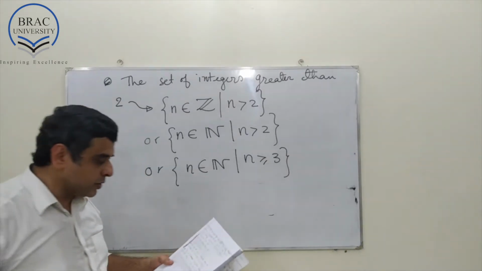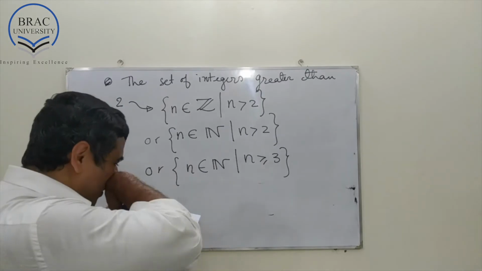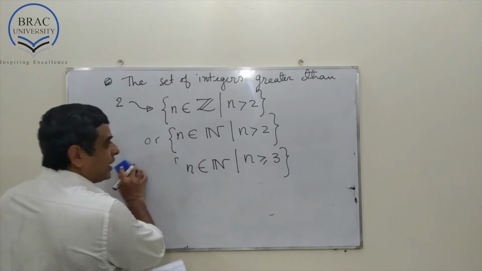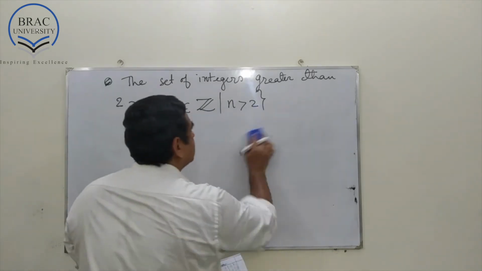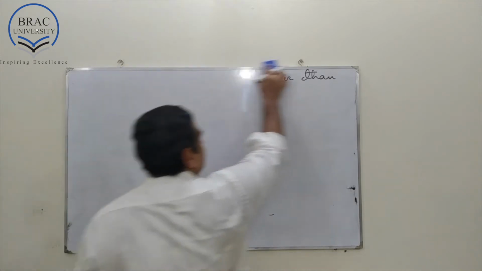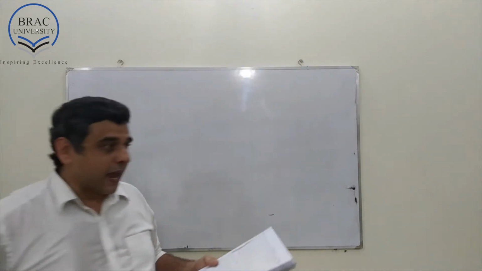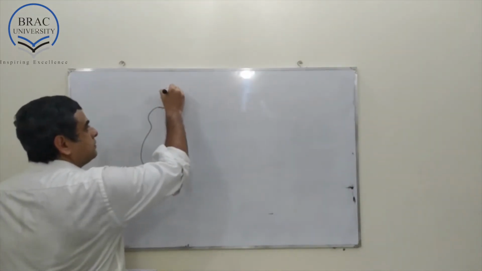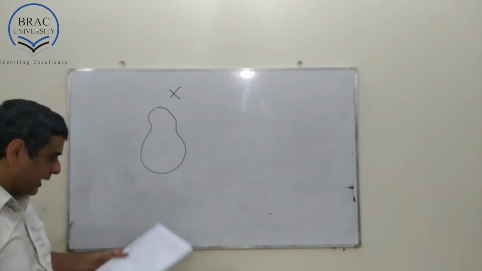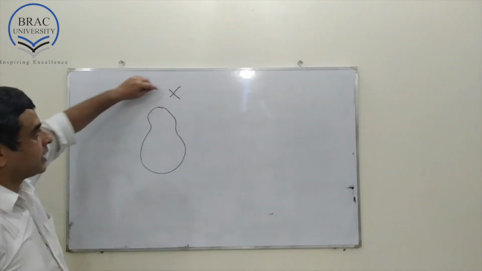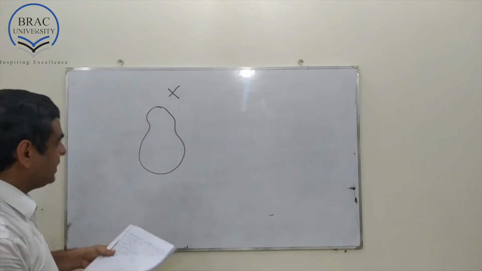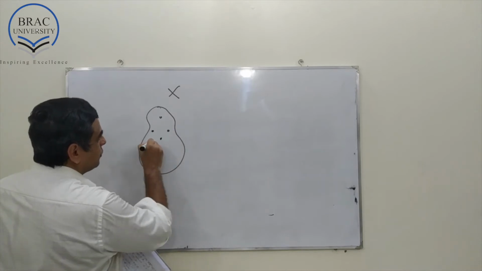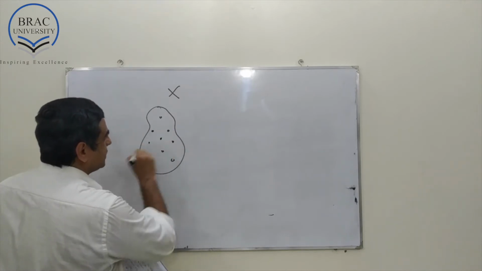So there are certain ways of picturing sets. The most straightforward way of drawing a set is by a bag full of dots. So this is a bag labeled by X, which is the underlying set, and this bag contains 9 dots. 1, 2, 3, 4, 5, 6, 7, 8, 9.